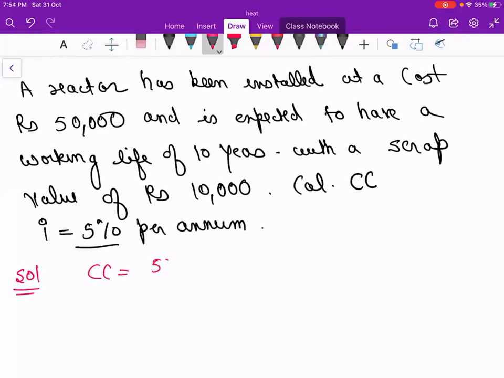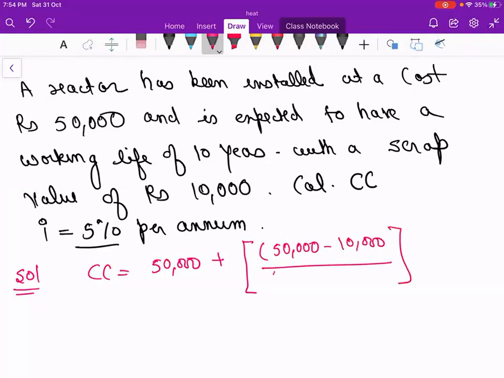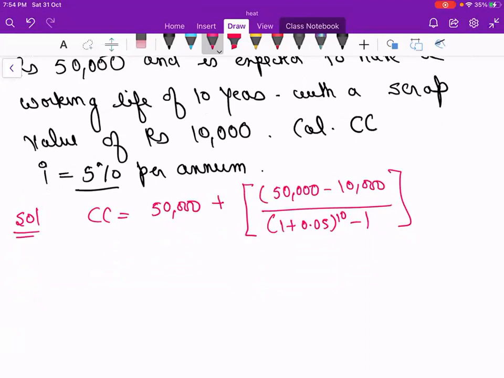CC equals 50,000 rupees plus (50,000 minus 10,000) upon (1 plus 0.05) to the power 10 minus 1. What are you getting? 50,000 plus, how much is this second part coming?